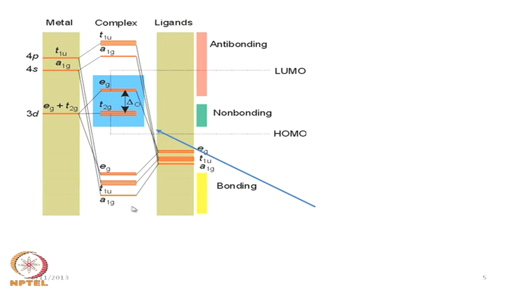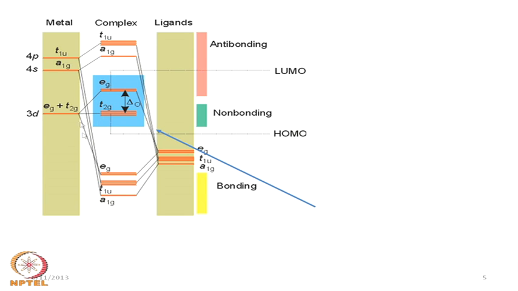So, now we have all these bonding orbitals in our hand. So, we can construct the corresponding molecular orbital picture, like what we can draw for simple oxygen, nitrogen, carbon monoxide or CN minus.